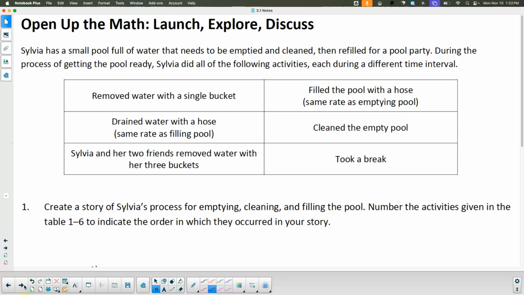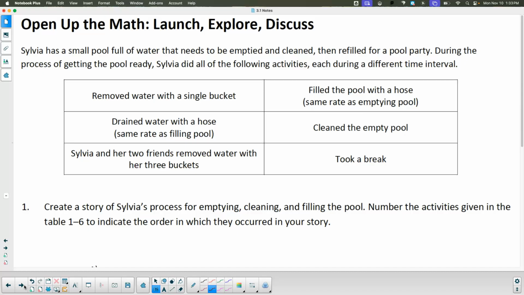Now, my story may be different than your story. With me? Doesn't matter what story you have. What matters, and I'll show you in the graph, is you would just have your graph in a different order than mine.